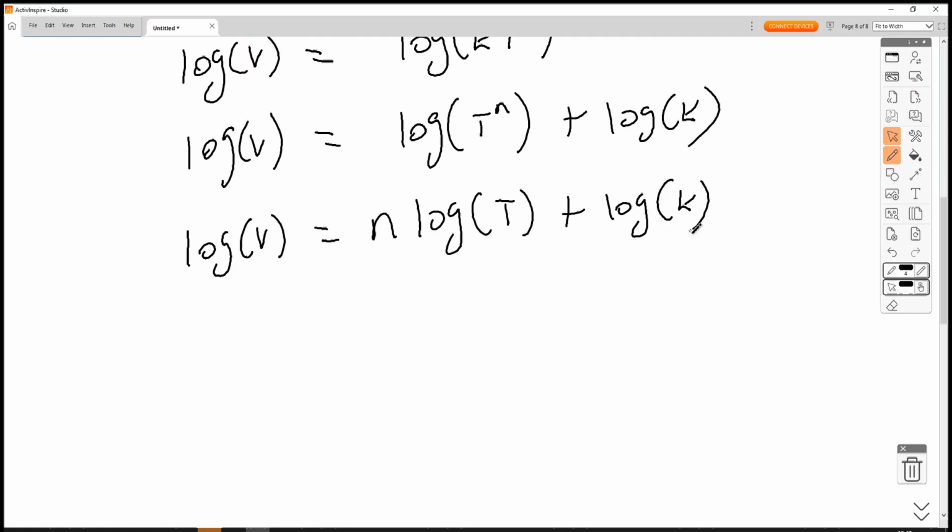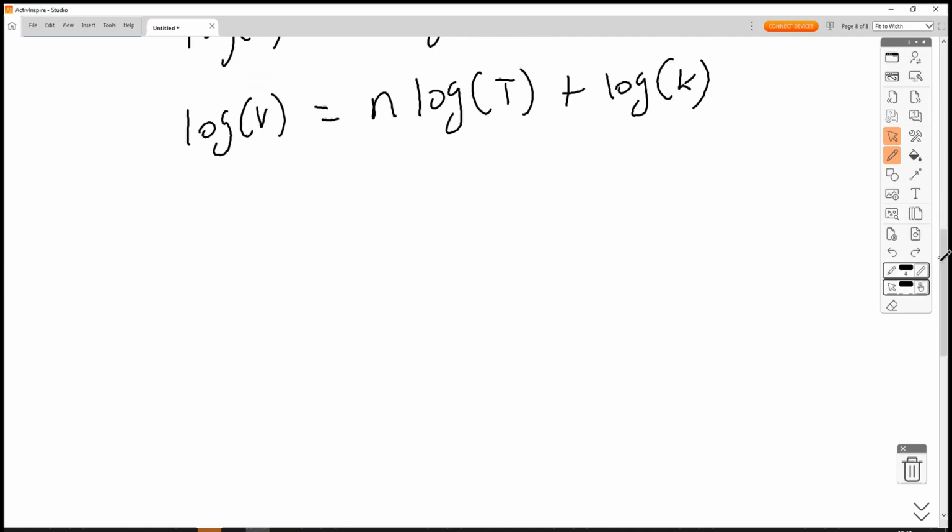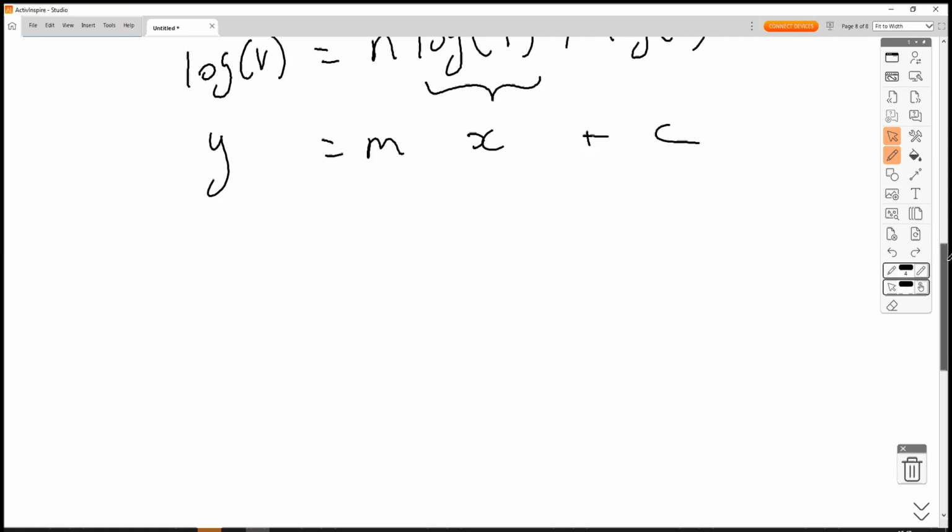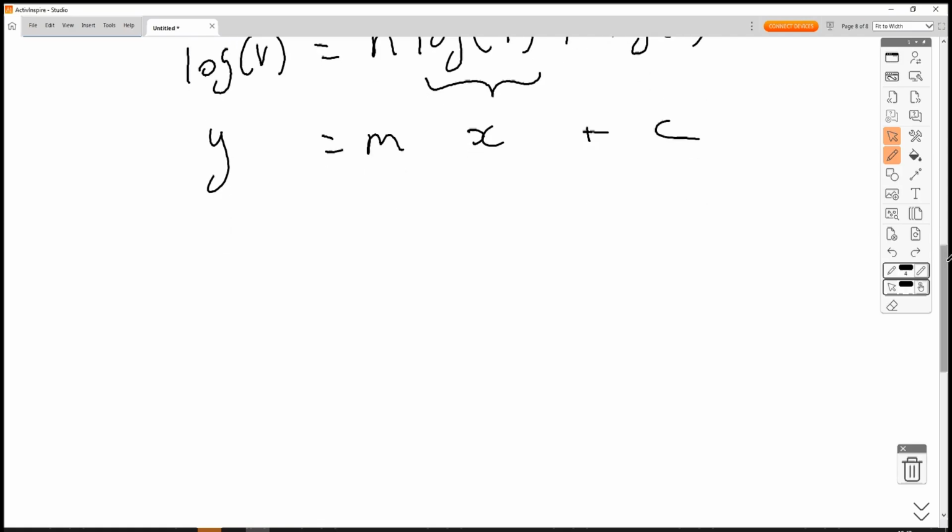Using the actual results, we plot y equals mx plus c. And then we find from actual results, actual data, that in this case N equals 1.